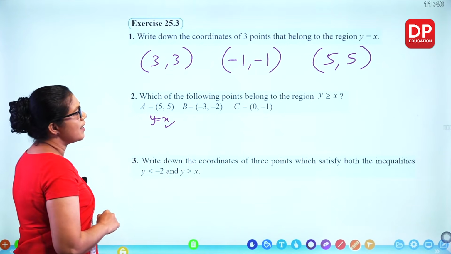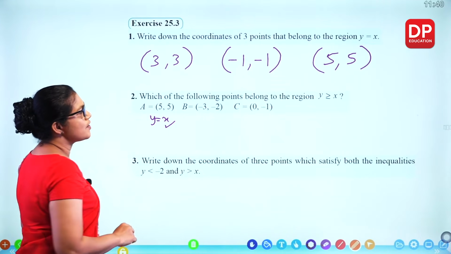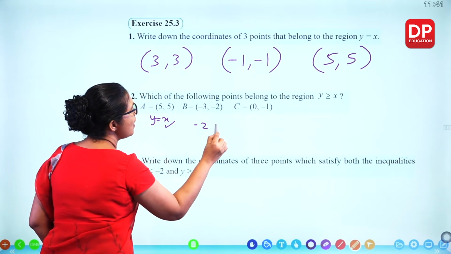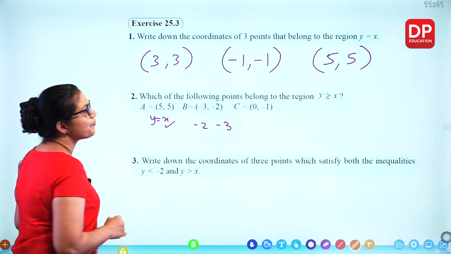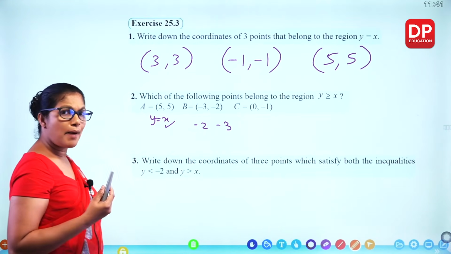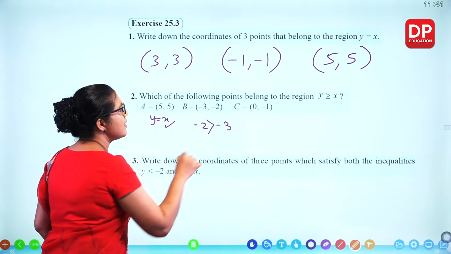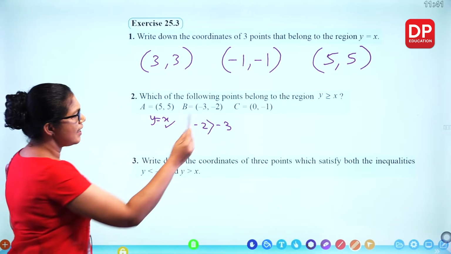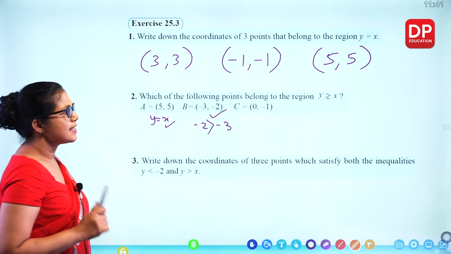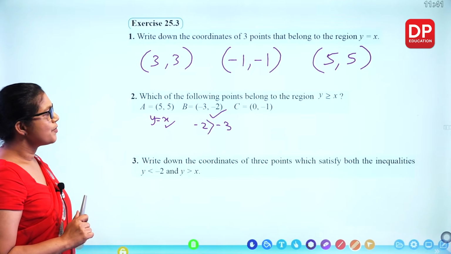What about the other one? -3 and -2. When you take these two values, -2 and -3, which value is bigger? We know that -2 is bigger than -3. So this point also satisfies this region.